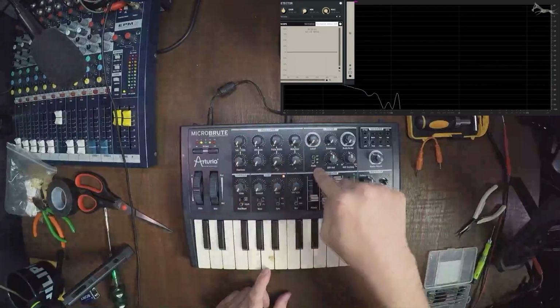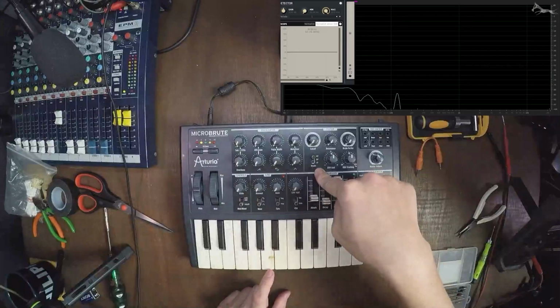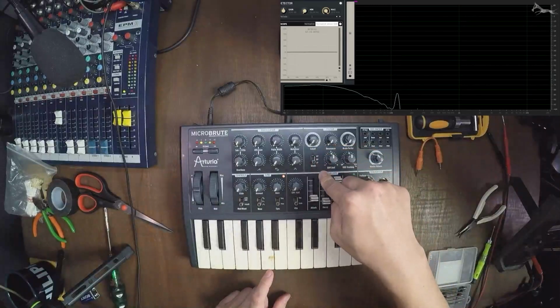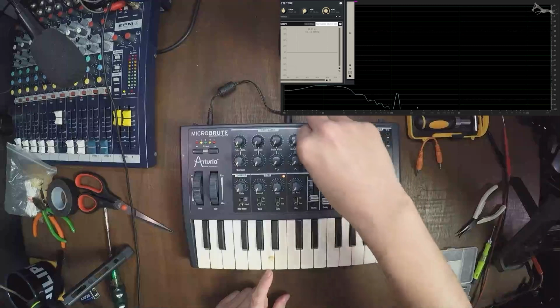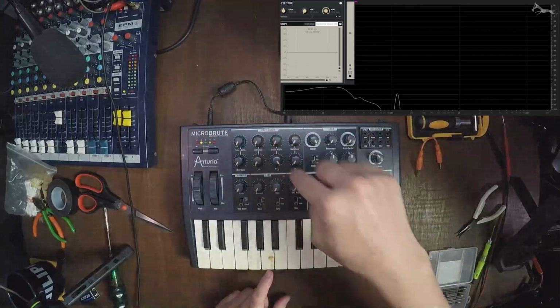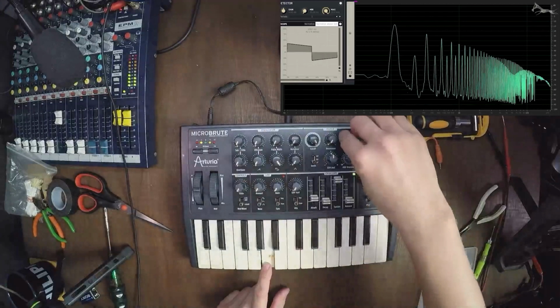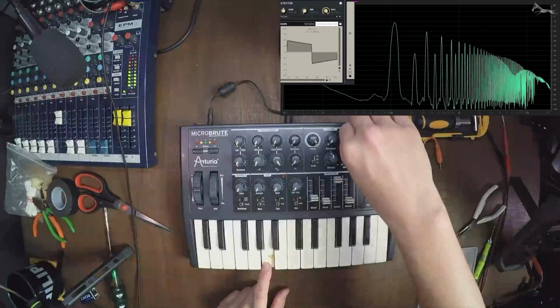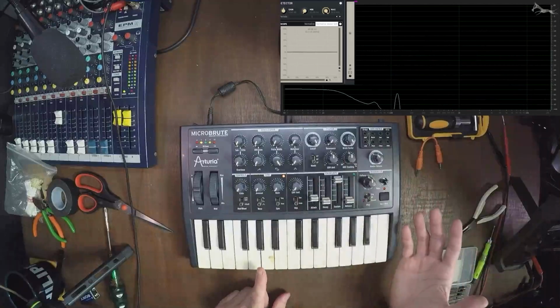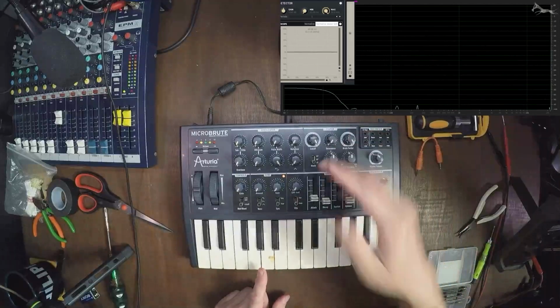Okay, now I'm starting to doubt the low pass filter, because when we're at the low pass multi-mode filter with the cutoff fully open with the square wave, let's say. Oh, the jitteriness went away.